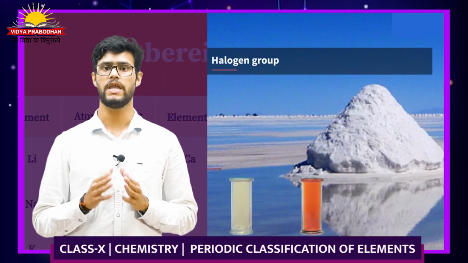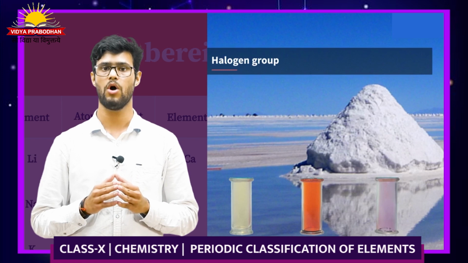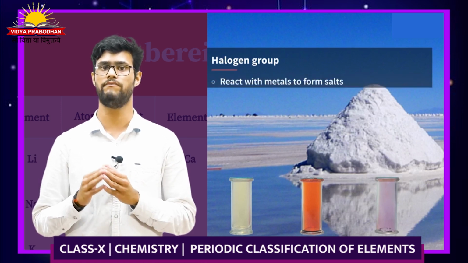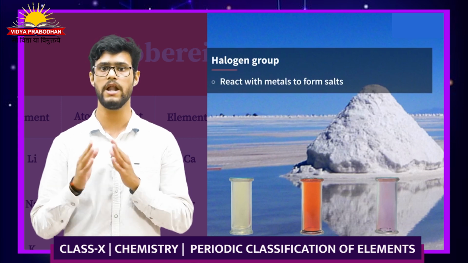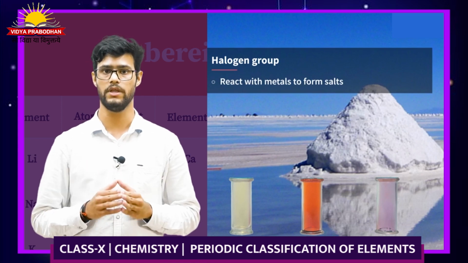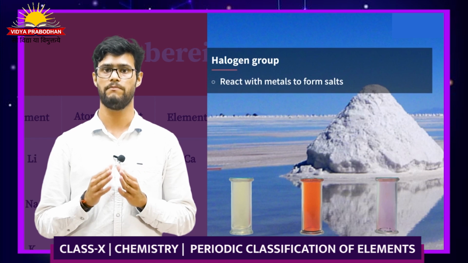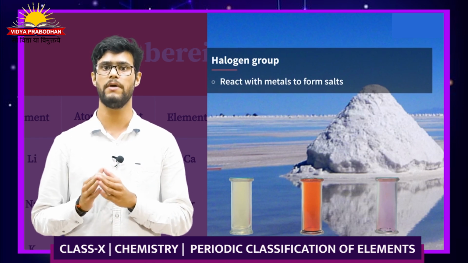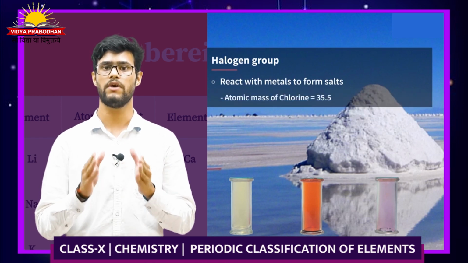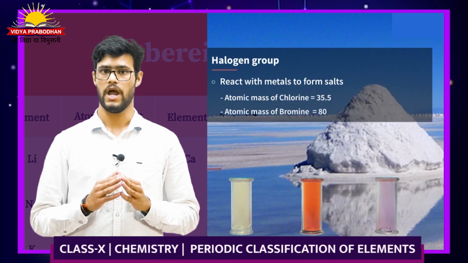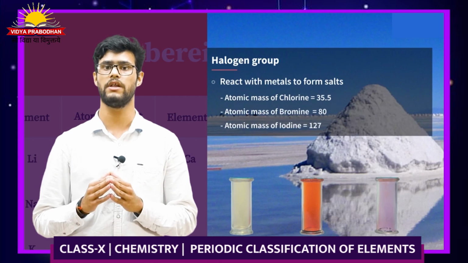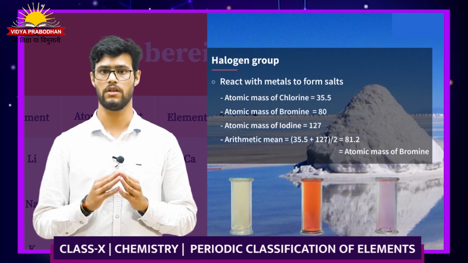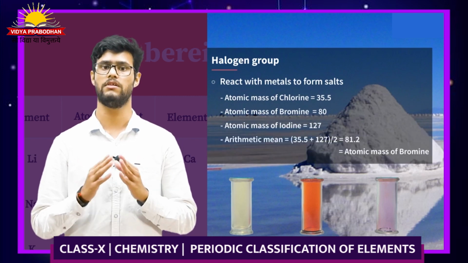Now, if we calculate the arithmetic mean of the atomic masses of the first and third members of this triad, chlorine and iodine, it will come to be (35.5 + 127) / 2 = 81.2. And the actual atomic mass of the middle element of this triad, bromine, is 81, as shown in the table.